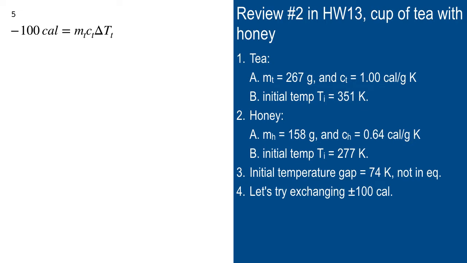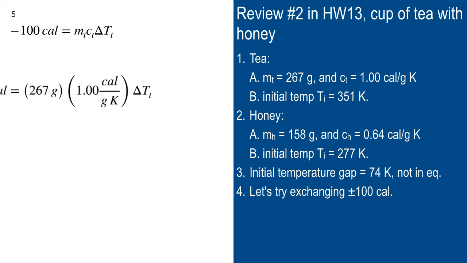So that's the mass of the tea, the specific heat of the tea, which we both know, and then the delta T of the tea, the delta T of the green tea, we'll assume it's green tea, we don't know. But we know the mass and the specific heat.